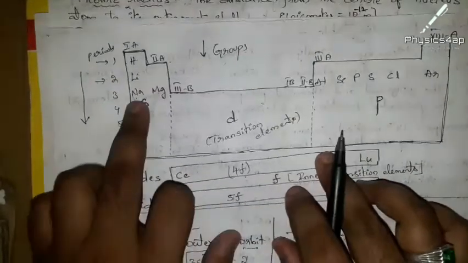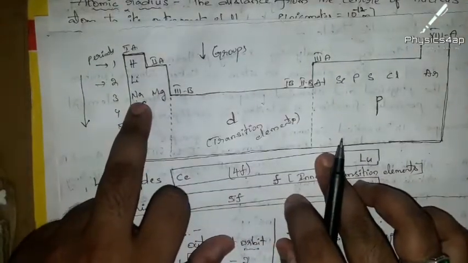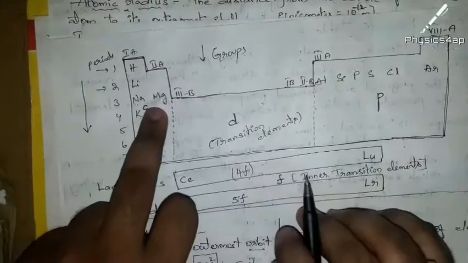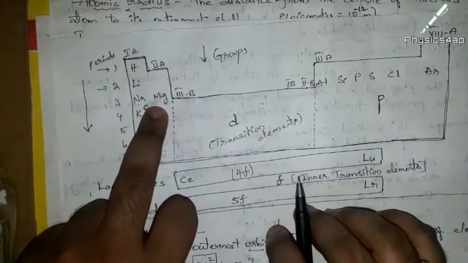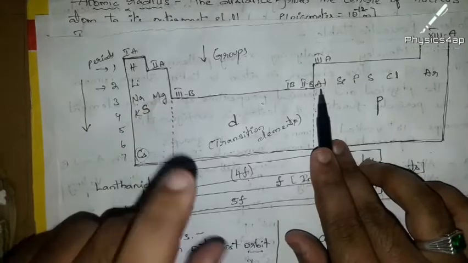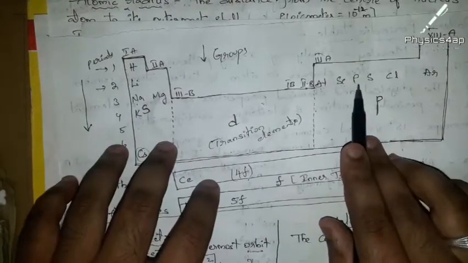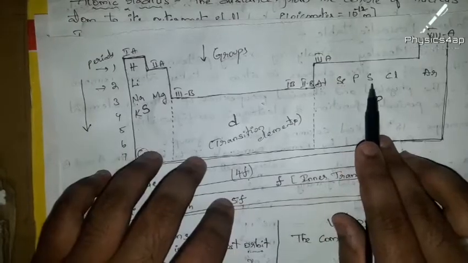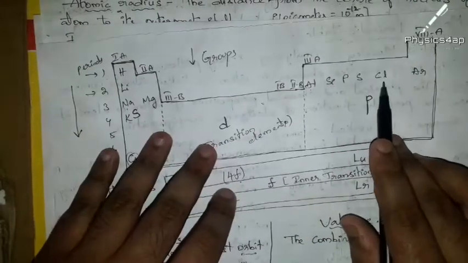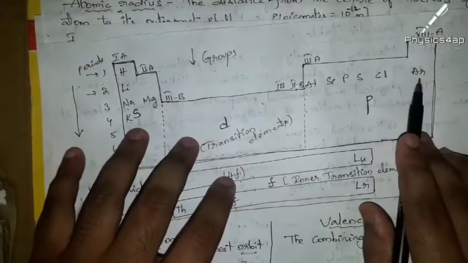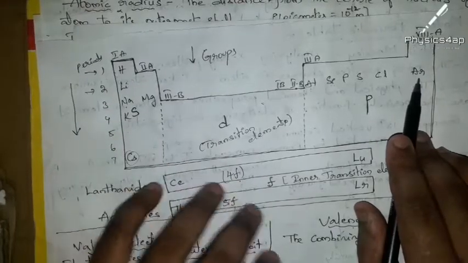Sodium has 11 electrons, magnesium 12 electrons, aluminium 13, silicon 14, phosphorus 15, sulfur 16, chlorine 17, and argon 18 electrons.